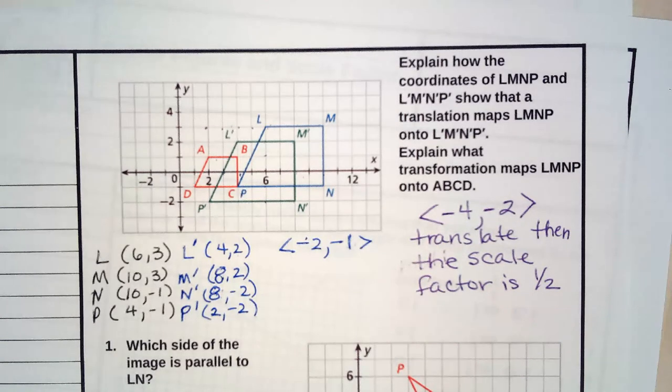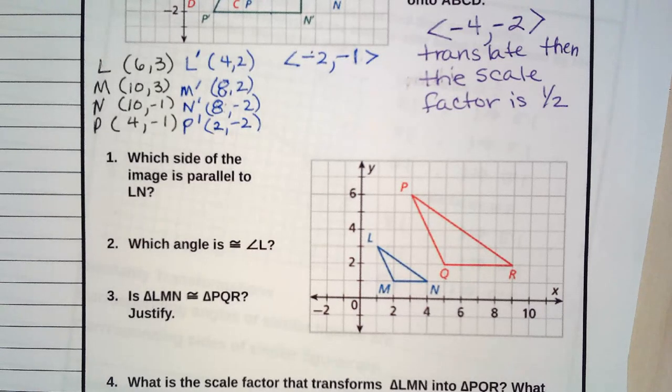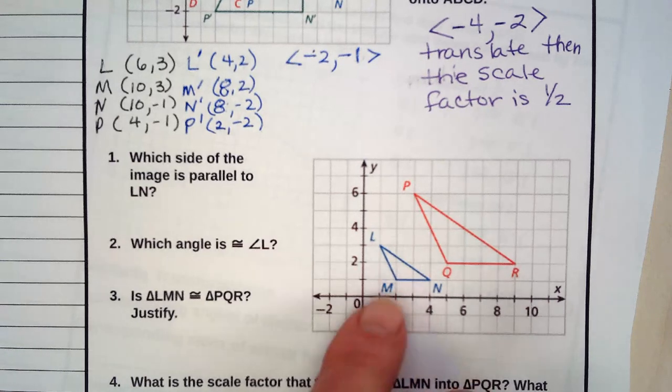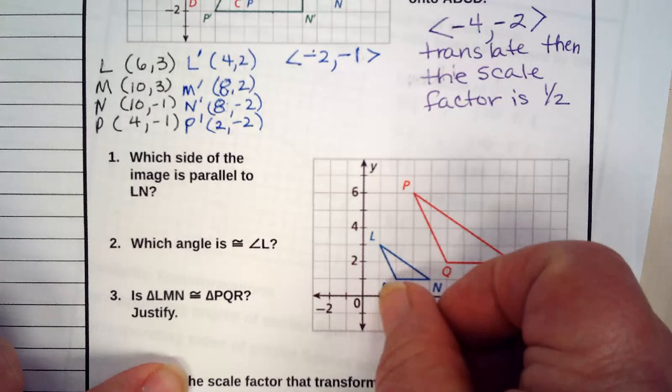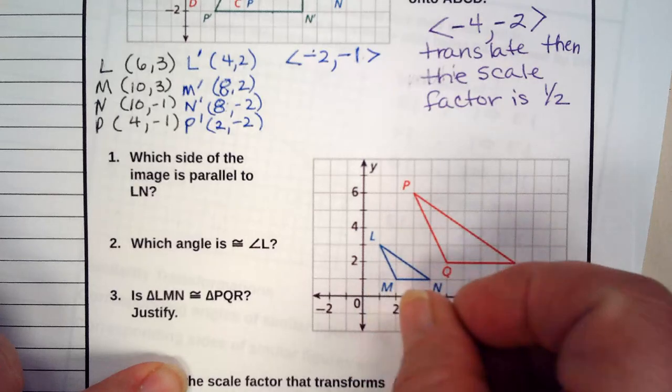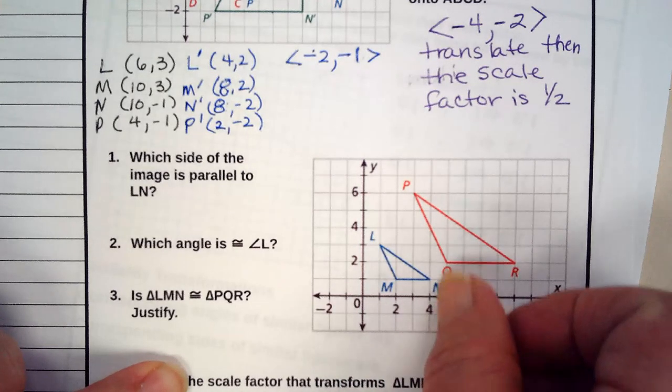Okay, so when we've got similar figures, as we're looking at our scale factor and all of this, we want to know which side of the image is parallel to LN. If we're looking at LN, this is LN, and it's over, the L is at 1, 3, oh, this is LN, N is at 4, 1.